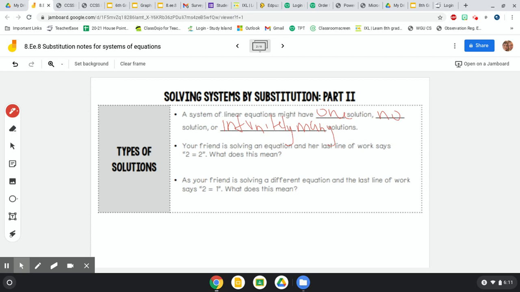For instance, that second bullet point says your friend is solving an equation and her last line of work says 2 equals 2. What does this mean? Well, you ask yourself, does this make a true equation? Does 2 actually equal 2? If it does, what does that mean? You guys know this. It's infinitely many. So in this case, if it's a true statement, we know that it's infinitely many.